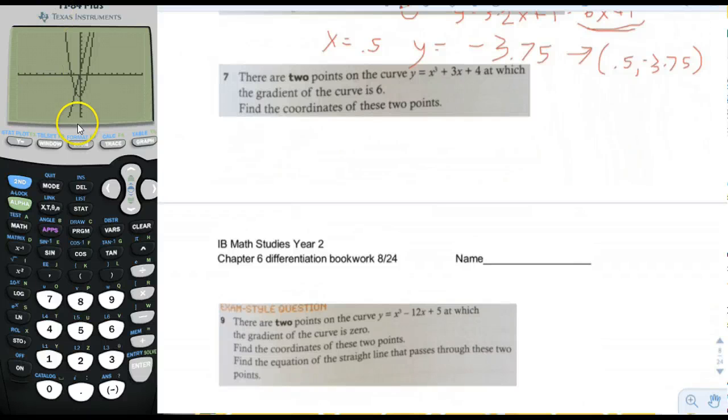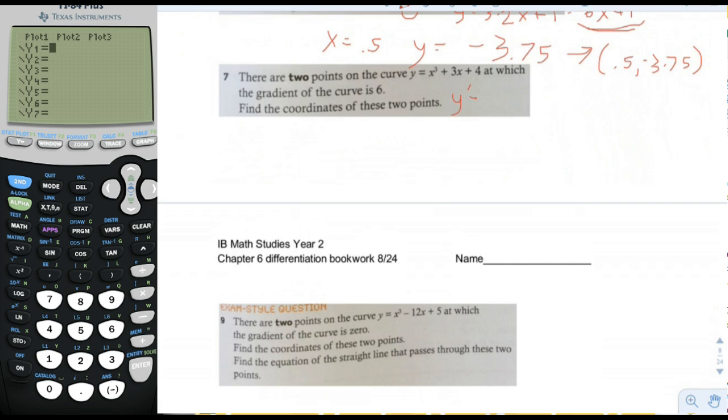Okay, so again, you're going to do the same thing. We are going to program into the calculator the original function and the gradient function. And then we're going to see when is the gradient function equal to 6. Okay, so I'm just going to find the derivative first.